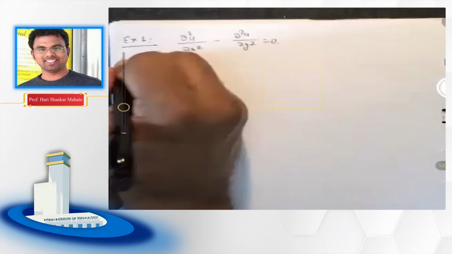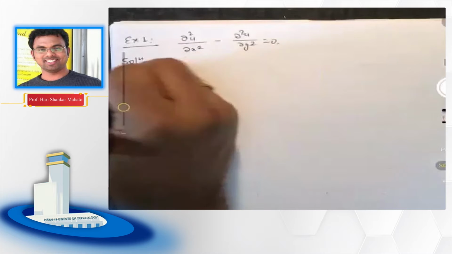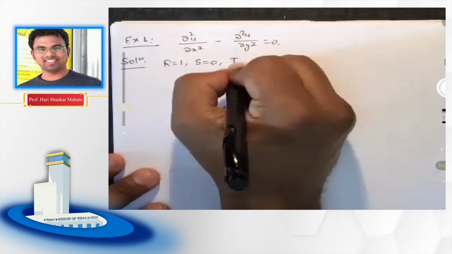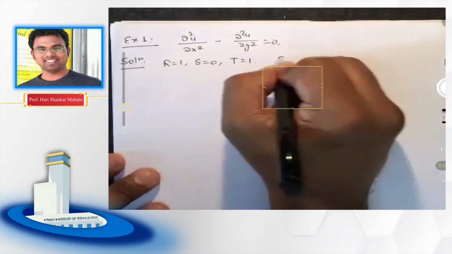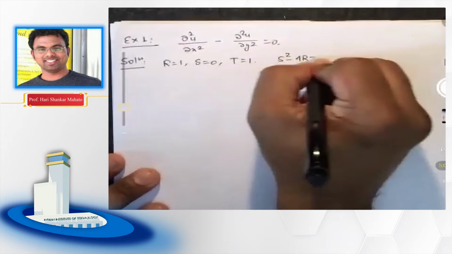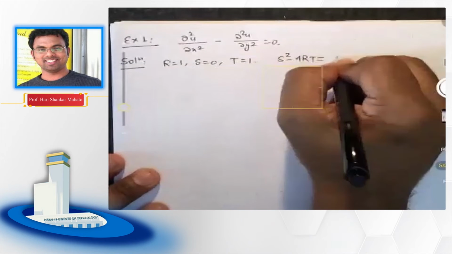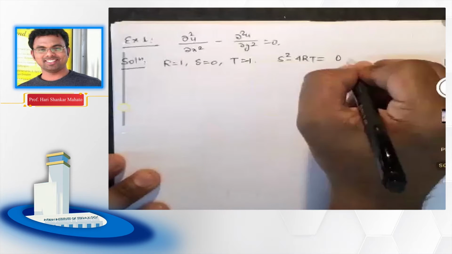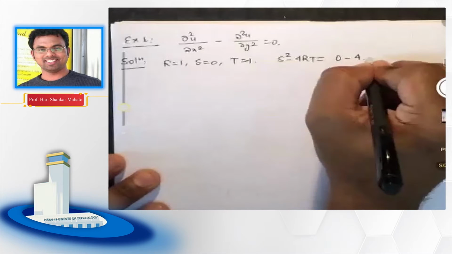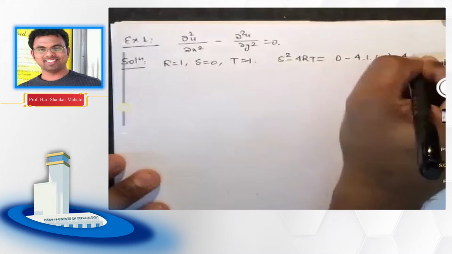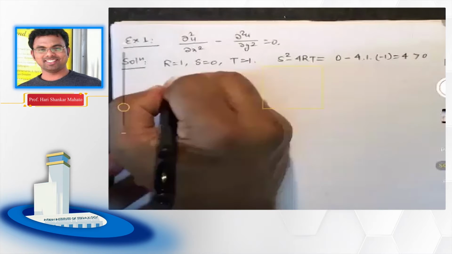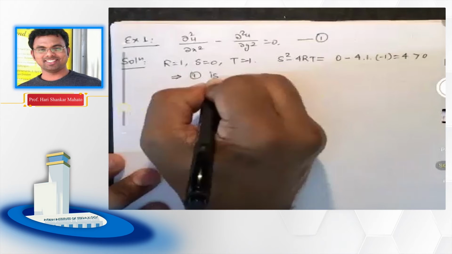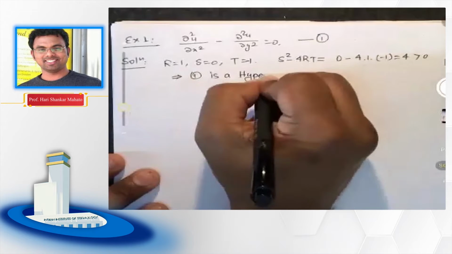So solution, here our R is 1, S is 0, and T is minus 1. So I can calculate S square minus 4RT, which is 0 minus 4, 1, then minus 1. So that is 4, which is positive. And therefore, this implies that it is a hyperbolic PDE.